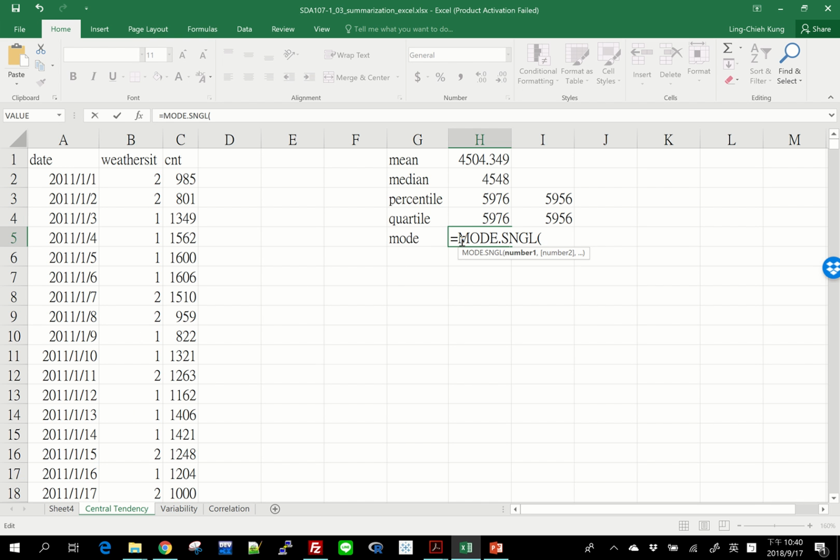For Excel, this function only applies to categorical values, so you should not apply it to CNT. What we may do is apply it to, for example, weather situations. We get 1. That means we have a mode that is 1, which means among all these 731 days, the most frequent weather situation is 1, the sunny day. Okay, so that's how we get those central tendencies.